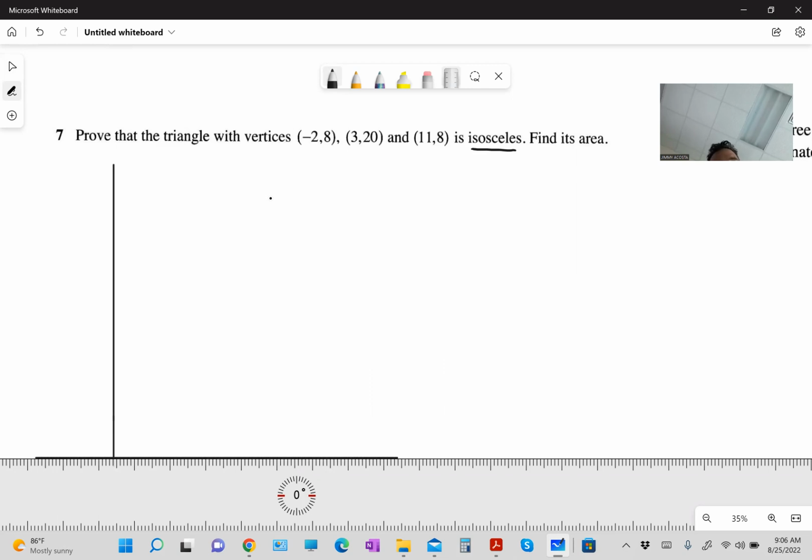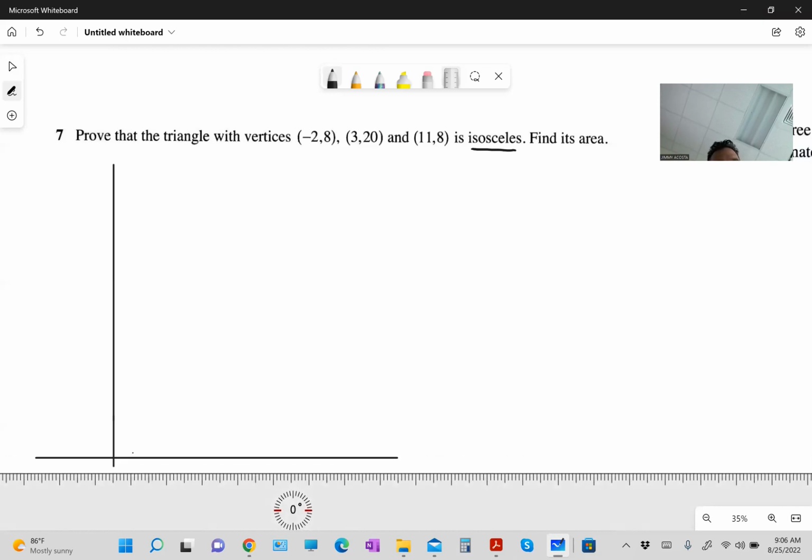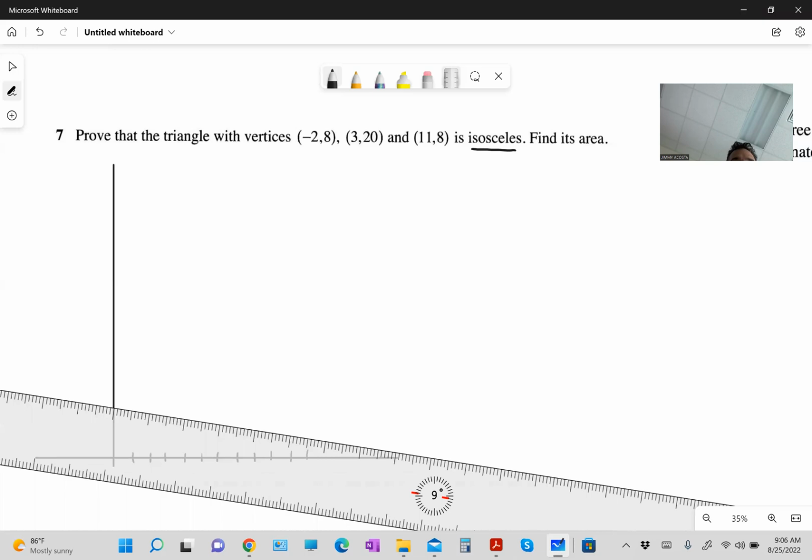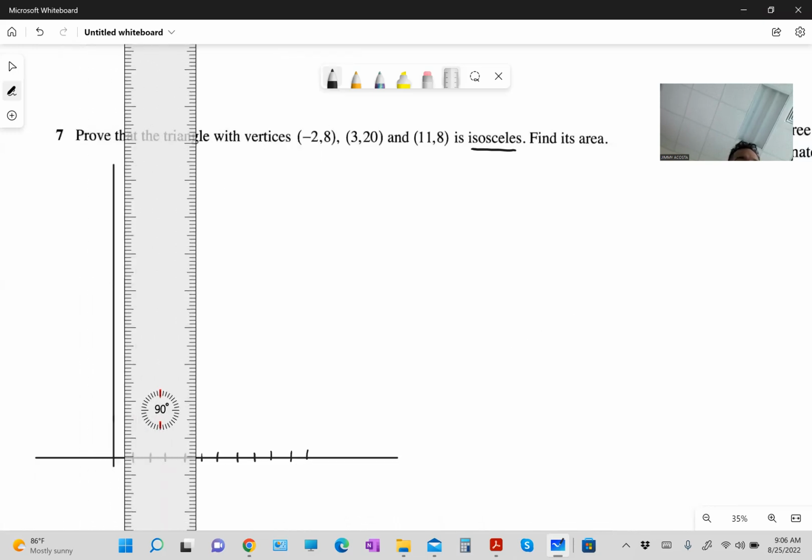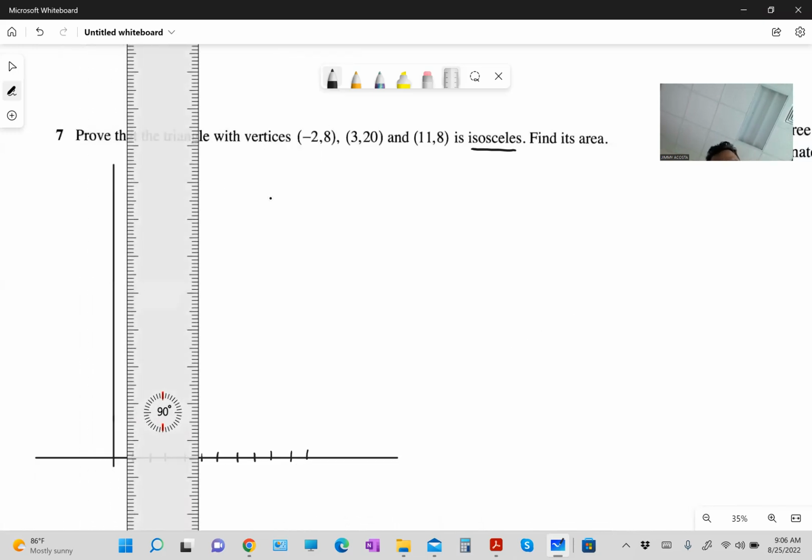So we have to go up to 20. This is in the way now, so let me lower it down. 1, 2, 3, 4, 5, 6, 7, 8, 9, 10, 11, right? And then we have to go up as high as 20, right?